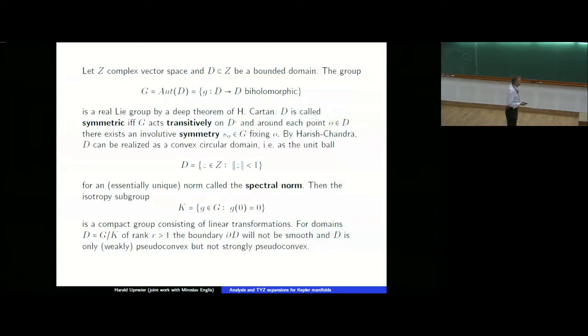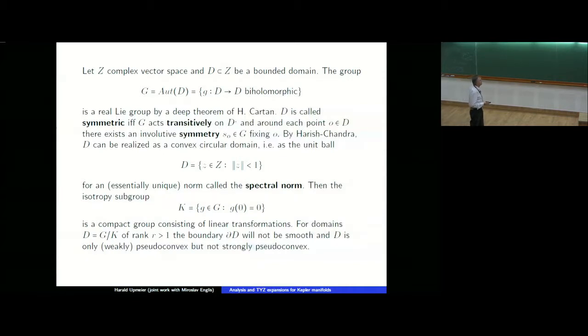And in addition, around each point O there exists a symmetry S sub O, which is an involution and has isolated fixed point O. One can show that the existence of a symmetry around every point already implies transitivity. Products of symmetries generate a transitive group already.